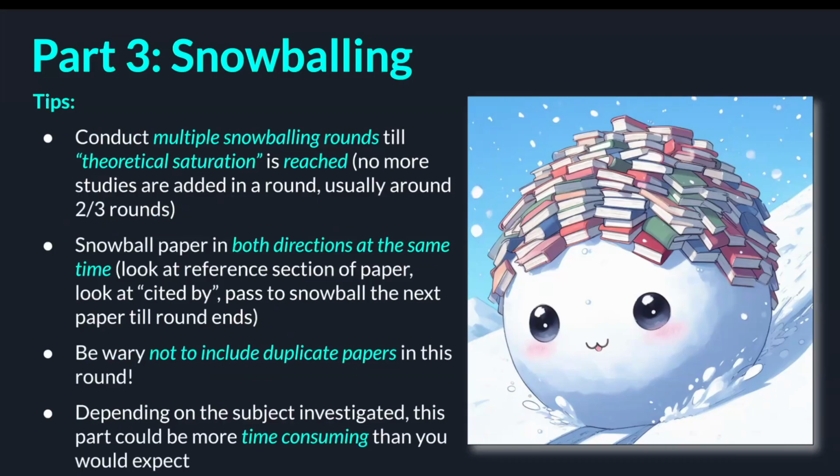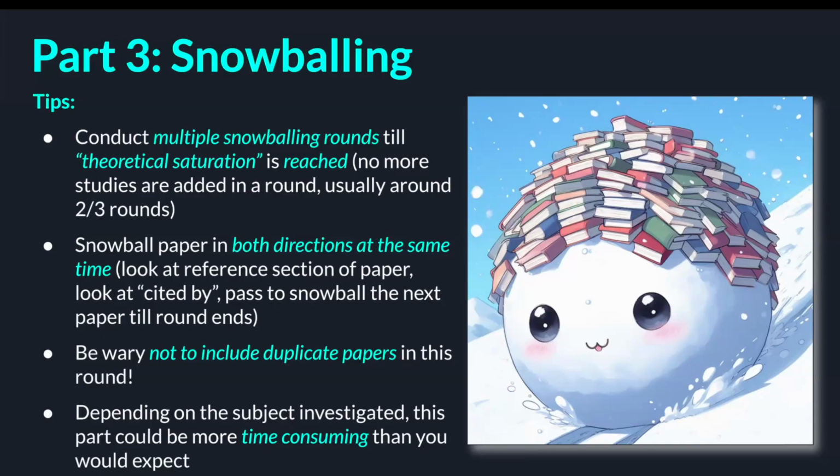And you do multiple rounds of this. So you have a set of primary studies you included with the selection criteria. Then you look at, for example, all the references in those papers. And this is one round of snowballing. Then this will allow you to find new literature when you do the snowballing again. So you will include for each round a new set of primary studies till you reach theoretical saturation.